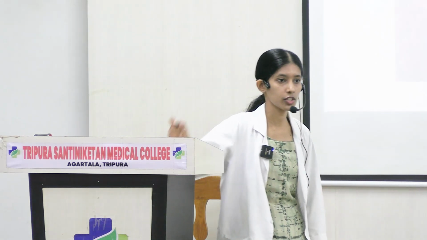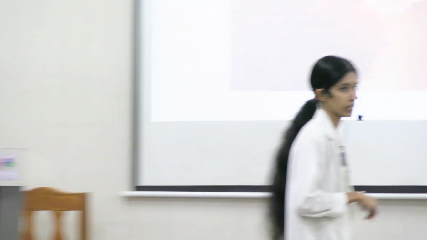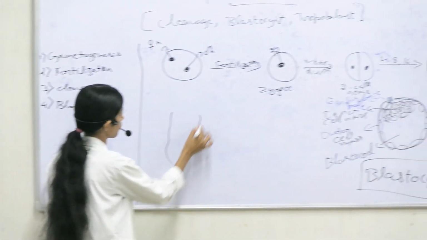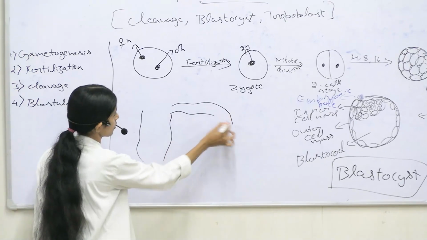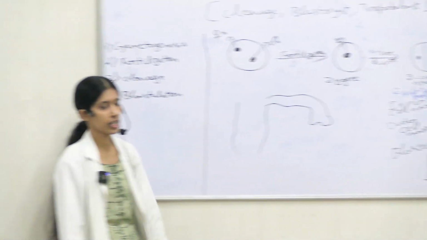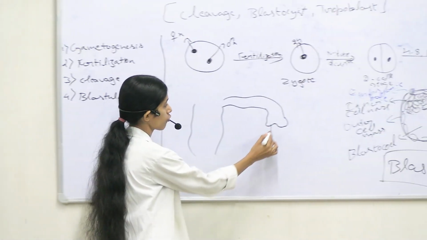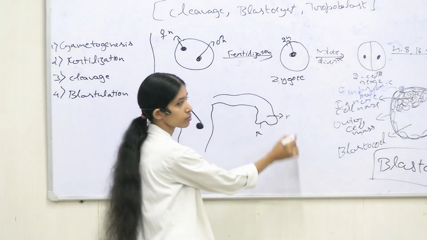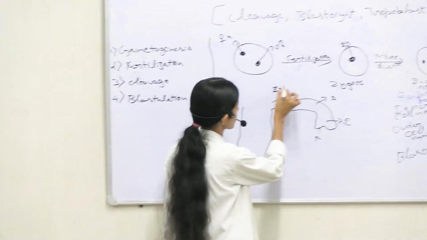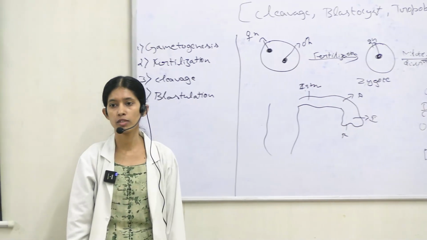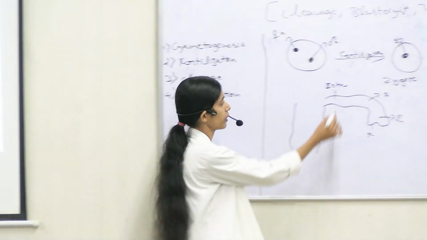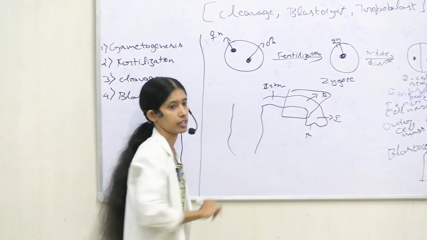Remember, fertilization takes place in the ampulla region, right? If you remember the female reproductive system, this is the uterine tube or your fallopian tube. It has 4 parts: fimbriae, infundibulum, followed by ampulla, then isthmus. Mostly the fertilization, that means the fusion of your male and female gamete, takes place in the ampulla region.